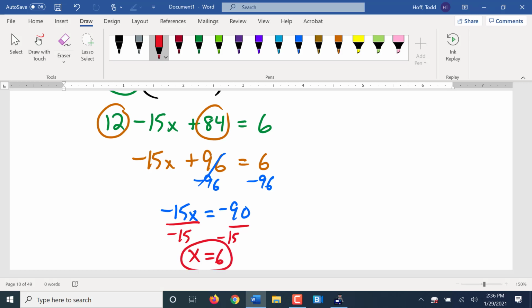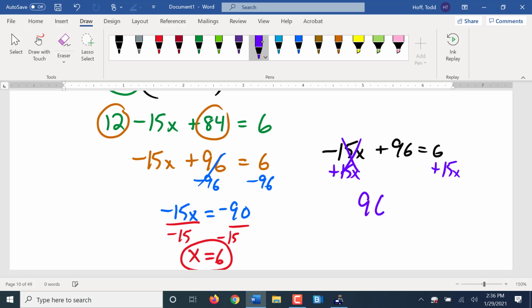So back up here, we had negative 15x plus 96 equals 6. The question was, what if we don't like working with negatives, what if we add 15x? Well, we do it to both sides. So on the left side it is gone, we just have 96. On the right side, 6 plus 15x have different names, so that is just 6 plus 15x.